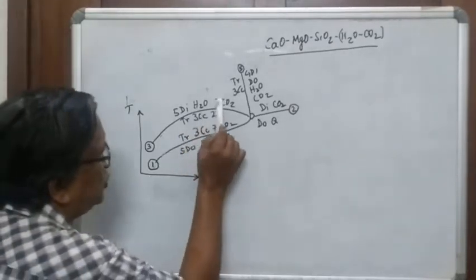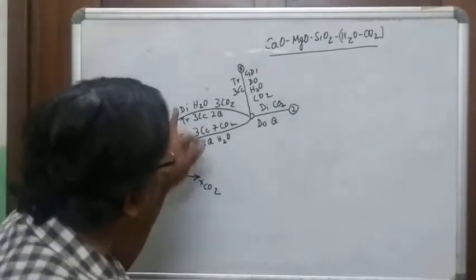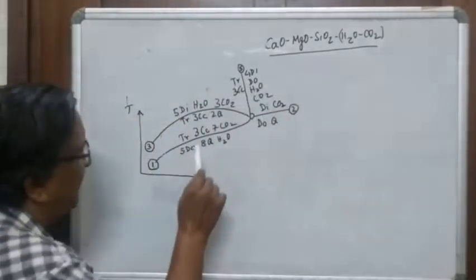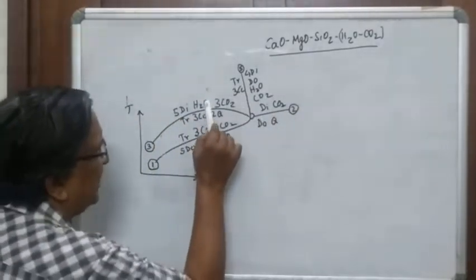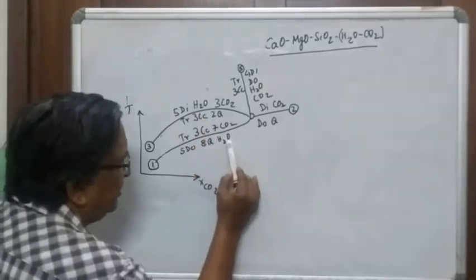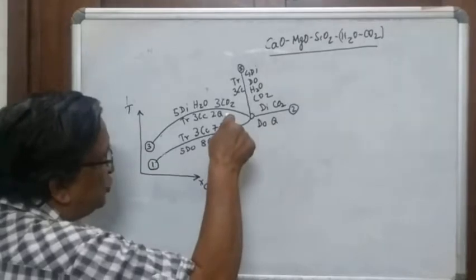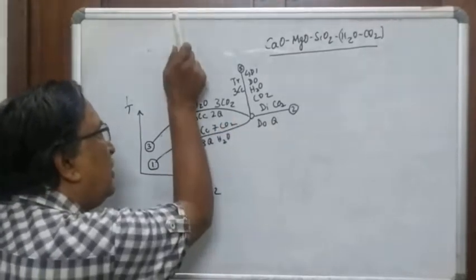And then you have H2O and 3 CO2. H2O and 3 CO2 are in the ratio 1:3. The difference between these 2 reactions is that here H2O is consumed, CO2 is produced as we go up temperature.